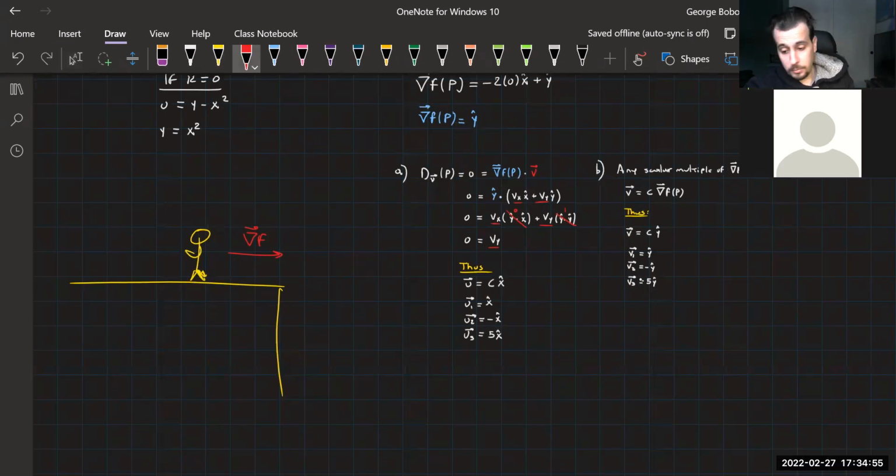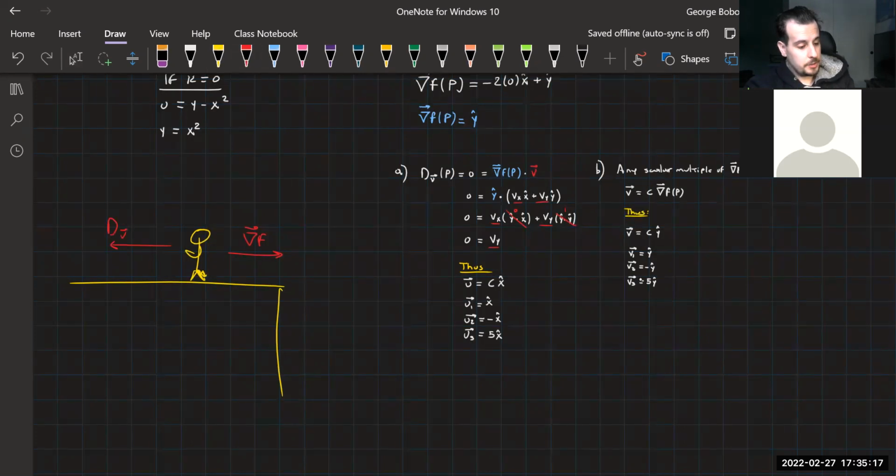Because that's the maximum rate of your height change right now, right? If you jump off the cliff, that's how your level curve will decrease the most, the maximum rate of change. Your height here decreases very rapidly. But if you move backwards, that's where the directional derivative actually is 0.